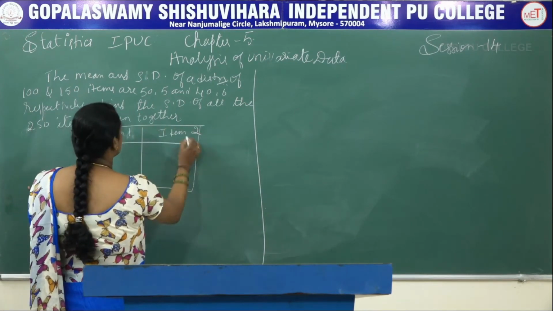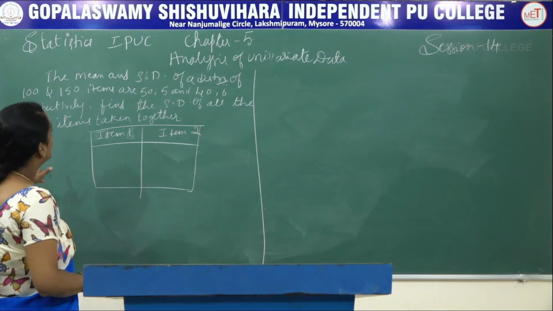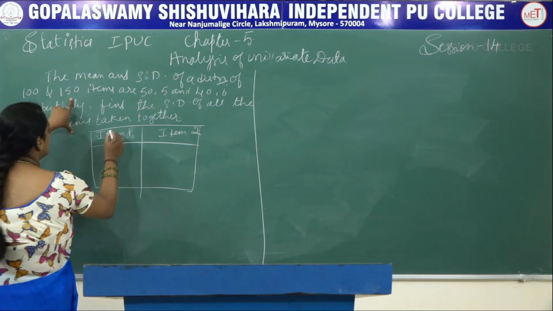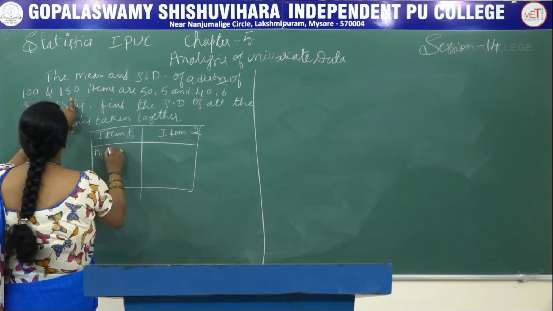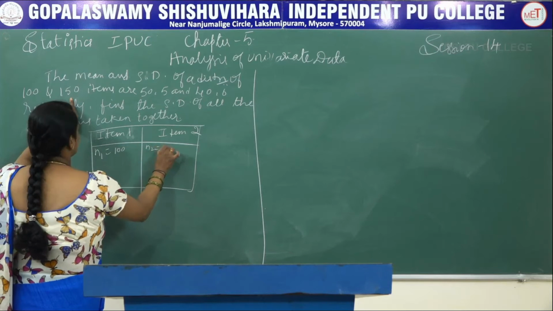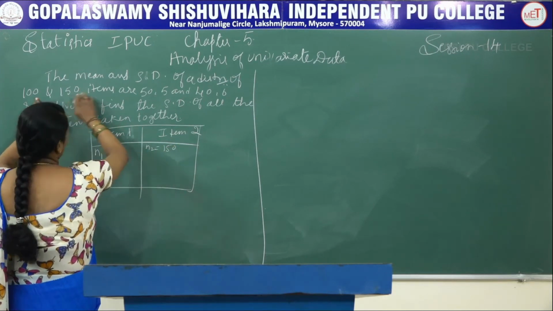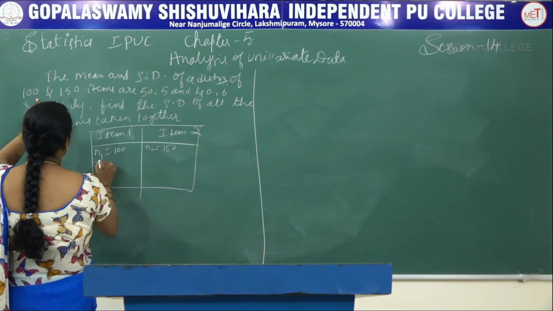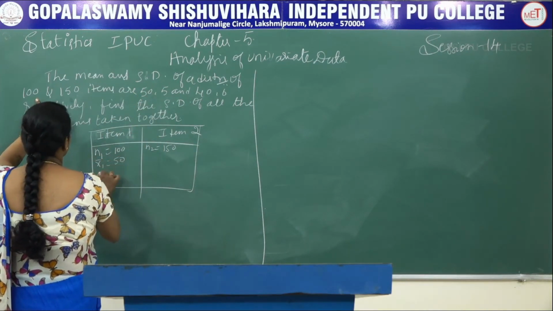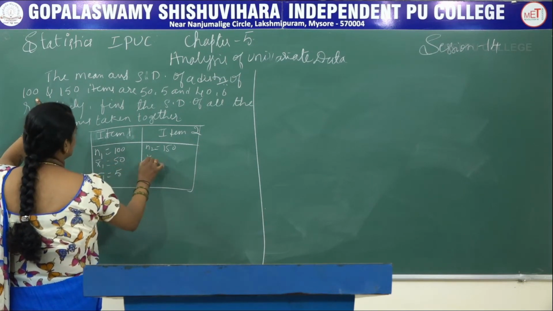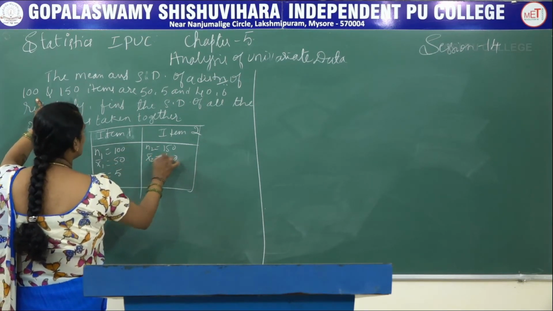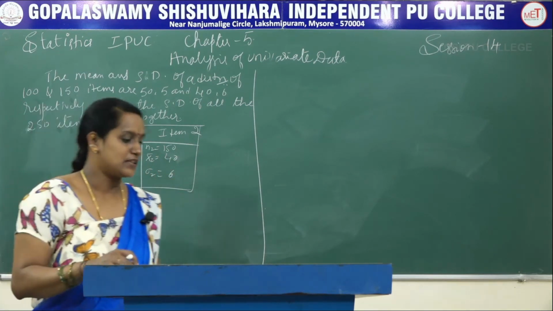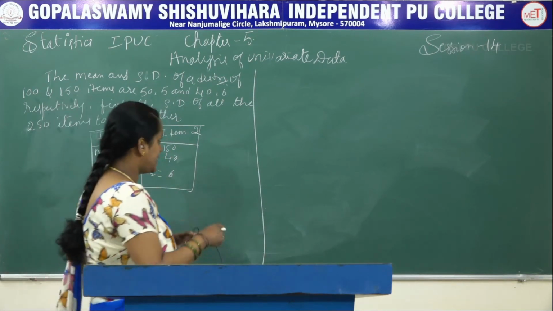For item 1 and item 2, the number of items is N1 equal to 100 and N2 equal to 150. For the 100 items, mean and standard deviation are 50, 5: mean x bar 1 is 50, standard deviation sigma 1 is 5, and similarly for item 2, x bar 2 is 40 and sigma 2 is 6.